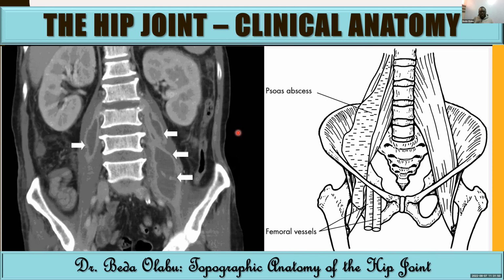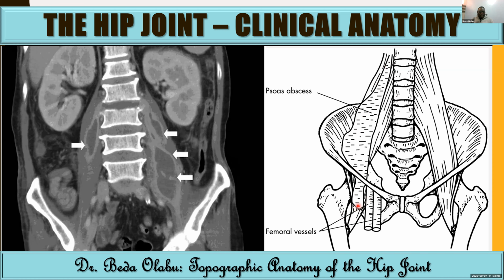So that abscess can track down all the way and even enter the region around the psoas bursa, so it can even be anterior to the hip. You can have infection spreading all the way from there to the hip.